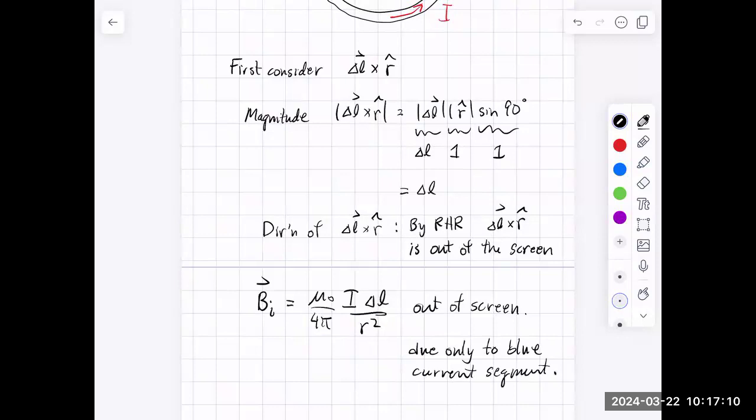So if we want to find the net magnetic field, we have to do this calculation for all of the little segments that would be needed to form that complete loop.